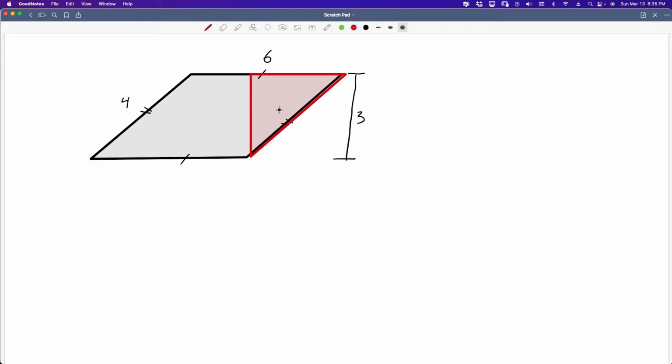There we go. Let me adjust the shape for us just a bit. I want it to be exactly what this one is. I need this to be exactly straight up and down so that it can be perpendicular to the top and the bottom, so you can see the relationship there.